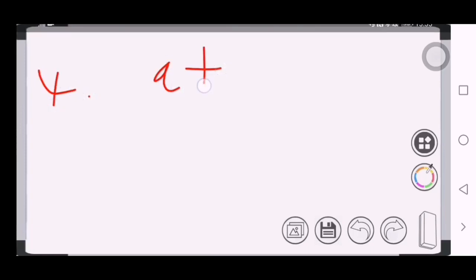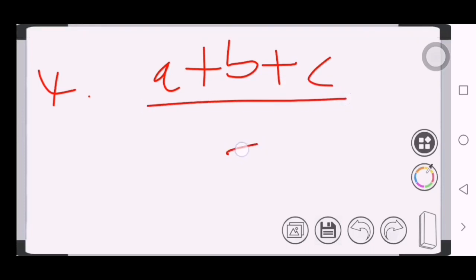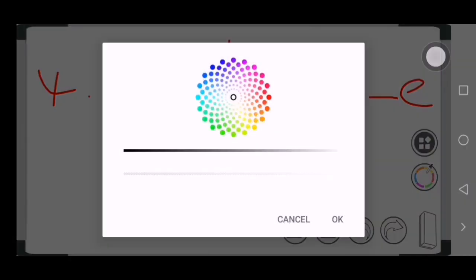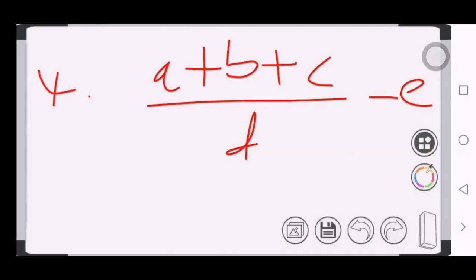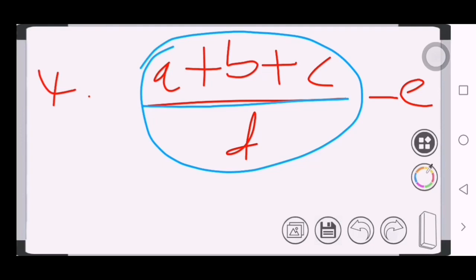Number 4, it was a plus b plus c all over d. All right, I explained earlier that the over sign makes everything we have here to be 1 term.